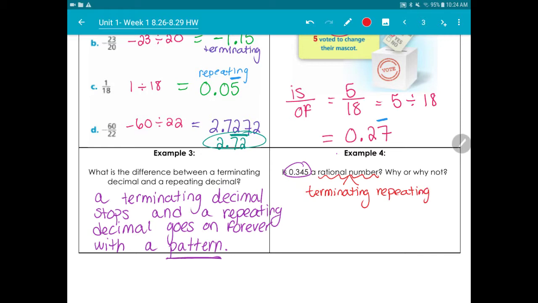So is this a terminating or repeating decimal? It is terminating. So this is rational because it is a terminating decimal.